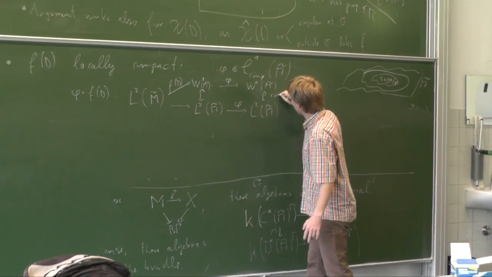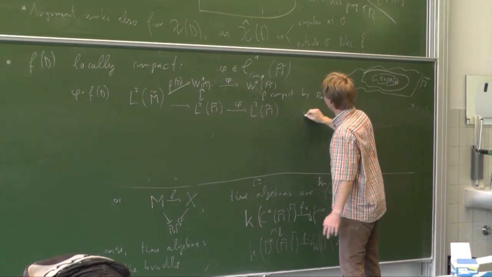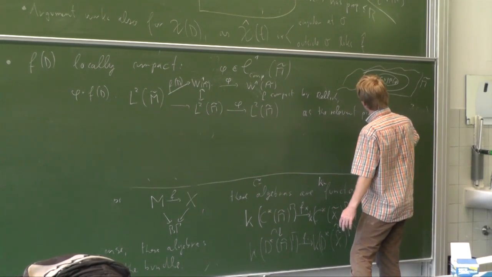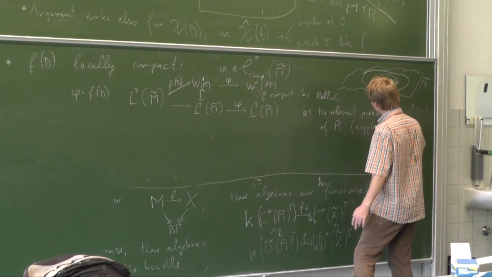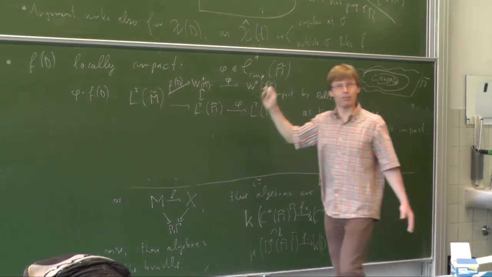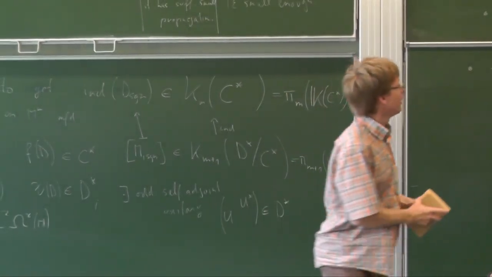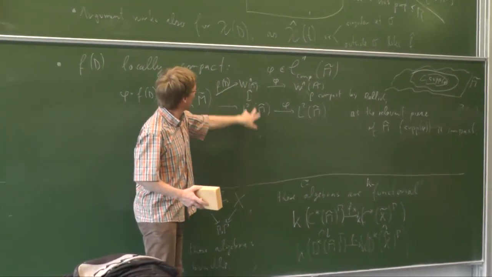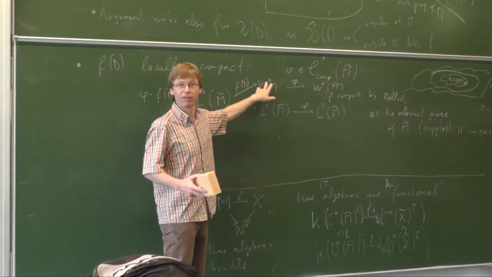And this is compact by Rellich, as the relevant piece of N tilde, where you have support of phi, is compact. So in the end it's actually a very easy argument. It's reasonable to omit it. And you see the compactness of this thing here is certainly necessary to get this done, because on a non-compact manifold this is never a compact map, this inclusion.